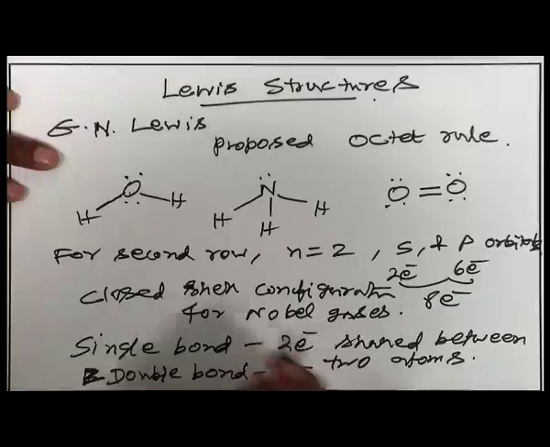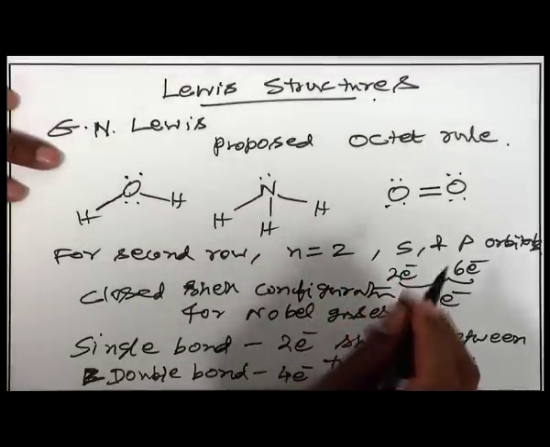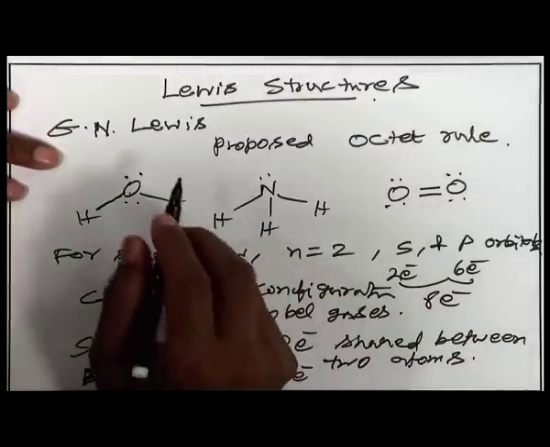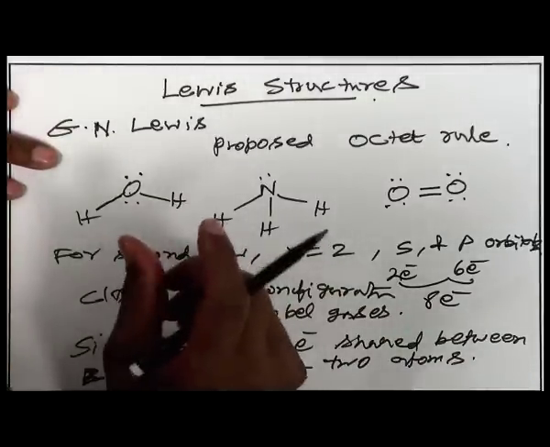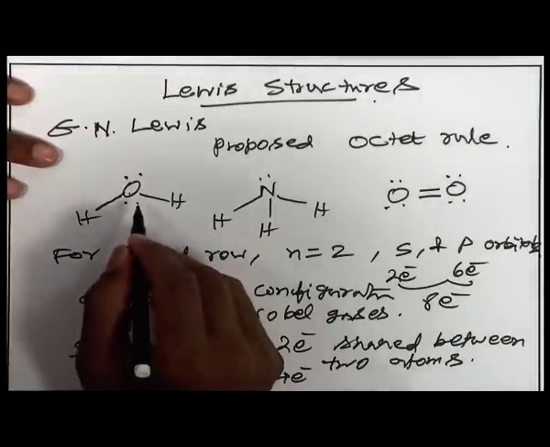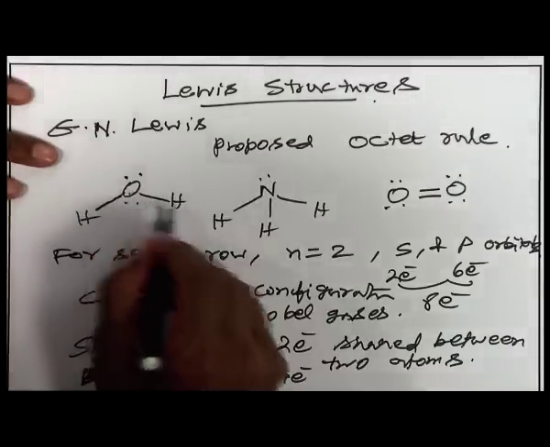An unshared pair of electrons on an atom is called a lone pair. There are 2 lone pairs on this oxygen atom, and there is another single bond between this oxygen atom and the other hydrogen atom.